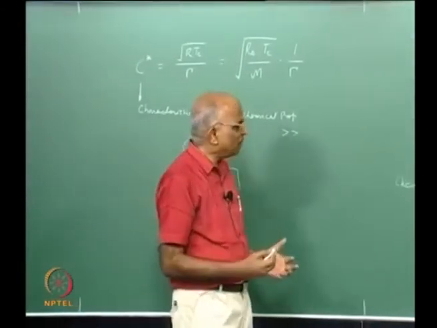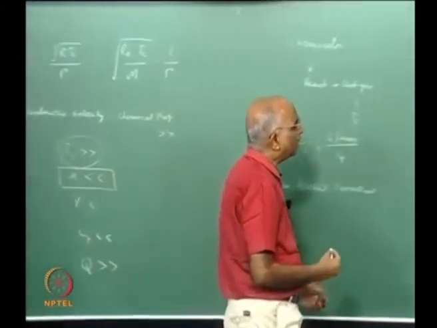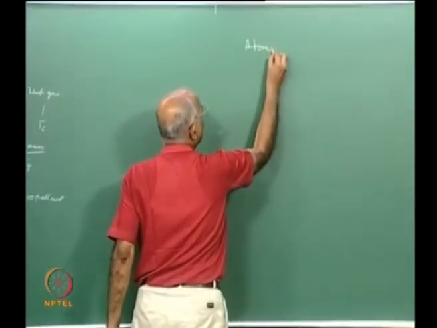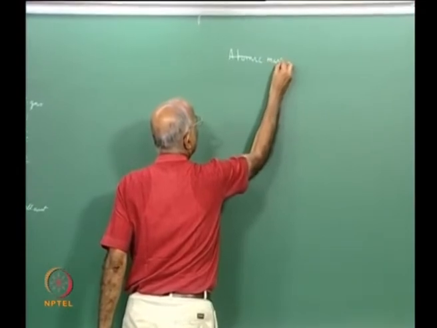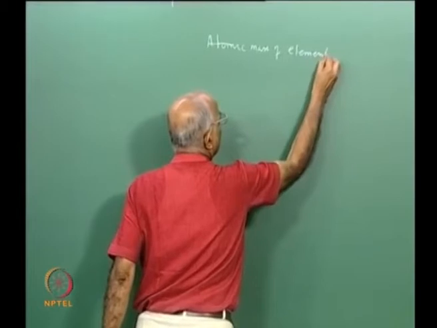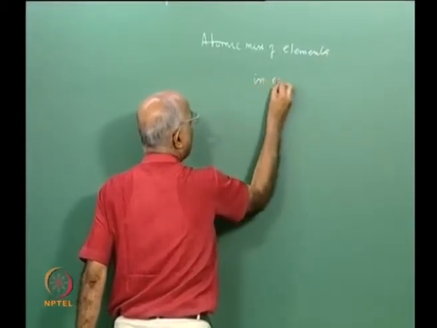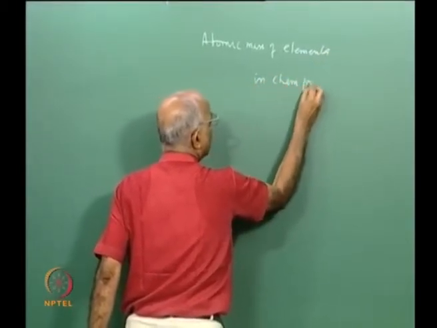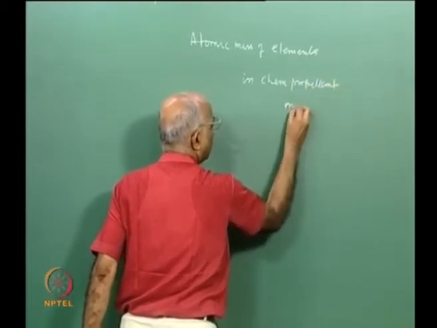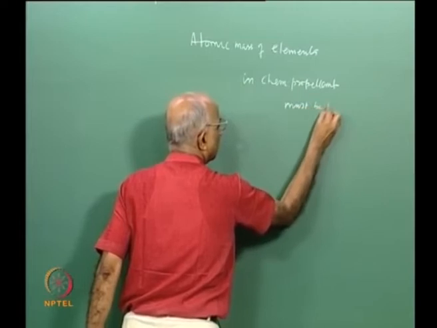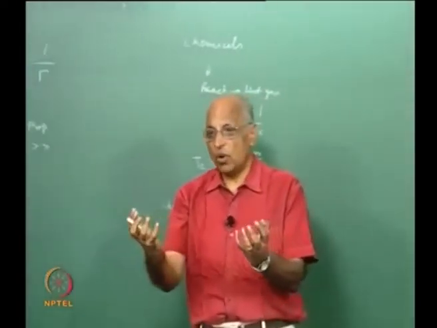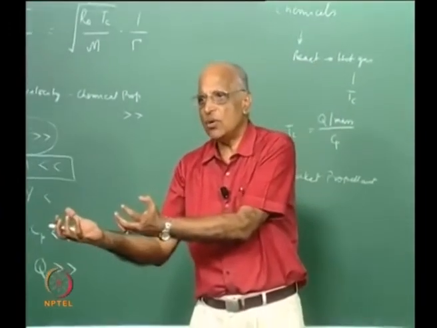Therefore, basically I must take a look at the atomic mass of the elements in the chemical propellant, which must be small. Why should it be small? If the atomic mass is small, the product gases will also have low molecular mass.